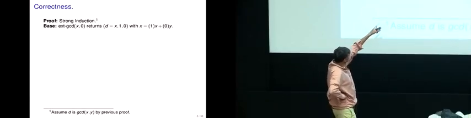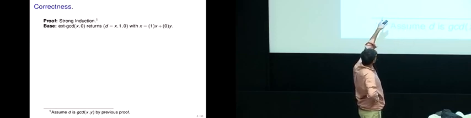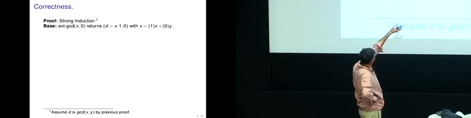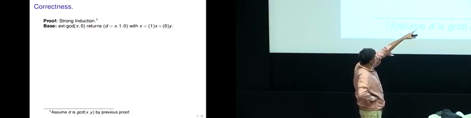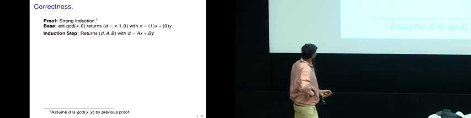So it returns a tuple x, 1 and 0. And here for x and 0, what is the GCD? That's the first thing we need to remember. It's x. So that's correct, because that's what it's returning, x, which is the GCD. And this equation is satisfied, right? X equals 1 times x and 0 times y. Y is 0, so whatever would work there. So the base case works.